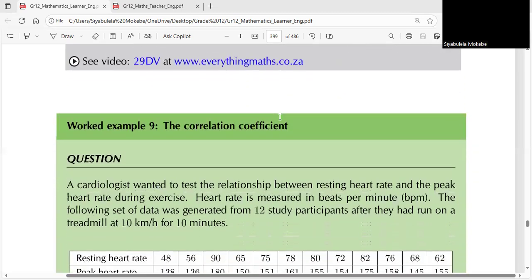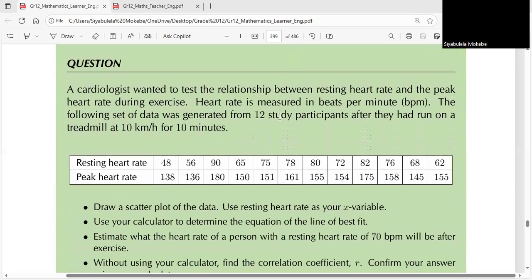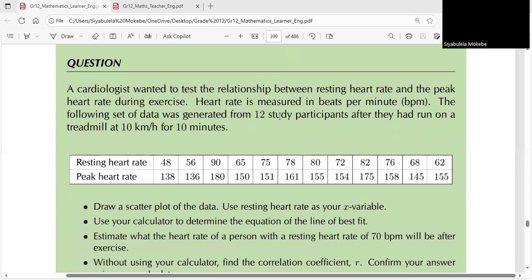So let's look at an example. A cardiologist wanted to test the relationship between the resting heart rate and the peak heart rate during exercise. Heart rate is measured in beats per minute. The following set of data was generated from 12 study participants after they had run on a treadmill at 10 kilometers per hour for 10 minutes.